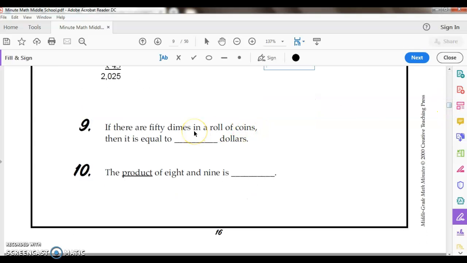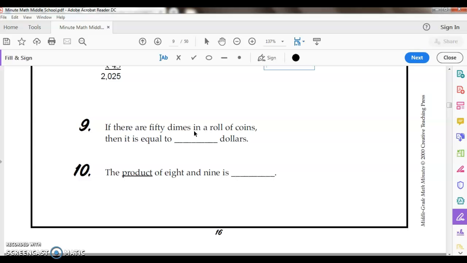If there are 50 dimes in the roll of coins, then blank, then it is equal to blank dollars. So pretty much, how many dimes make $1? It's going to be 10, right? 10 dimes equals $1.